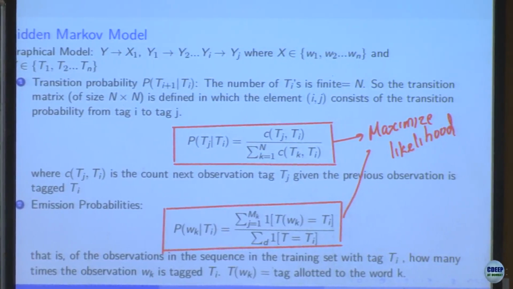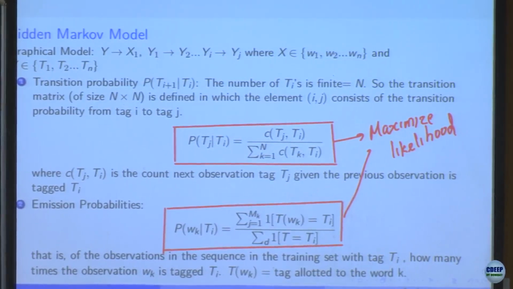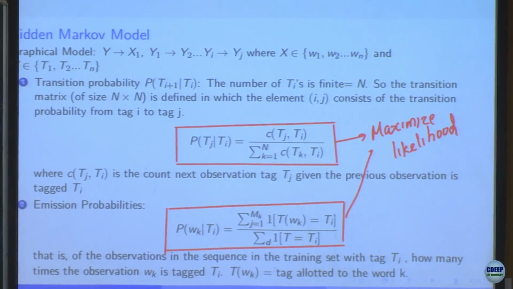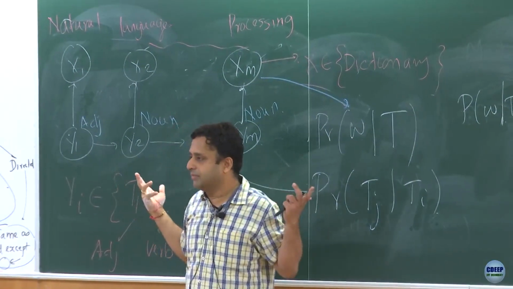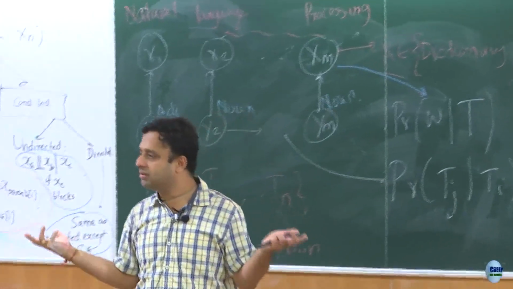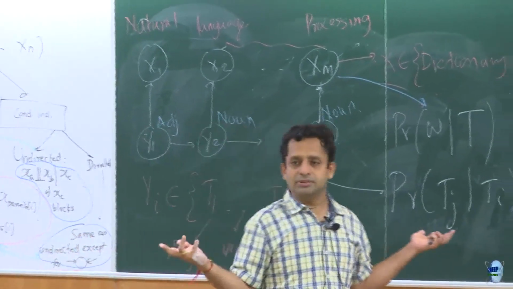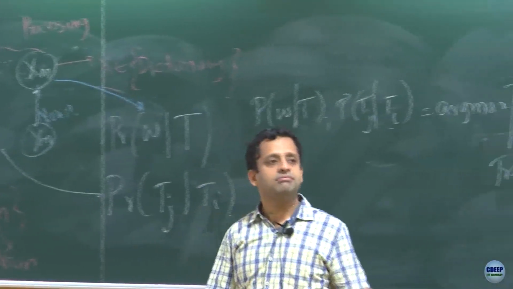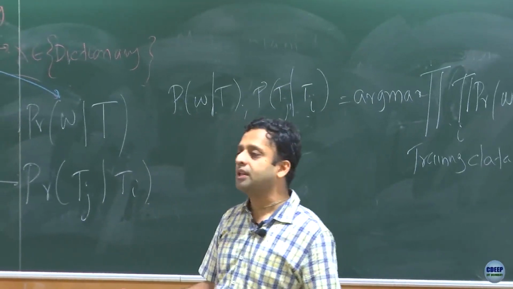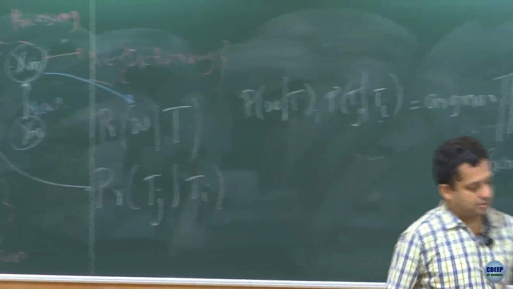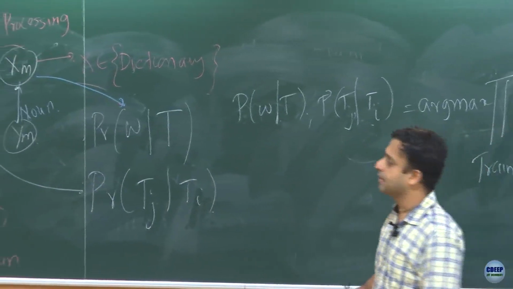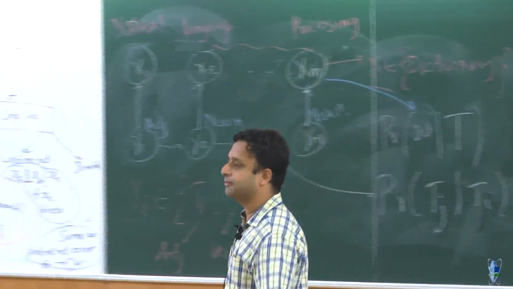The maximum likelihood estimate for the probability of Tj given Ti is just the fraction of times in the data set that Tj came from Ti. The fraction of times in which a noun came after an adjective is the probability of transitioning from adjective to noun. Is that intuitive? It's just a relative count. Instead of an absolute count, you are just dividing. So that's the first expression, the fraction.